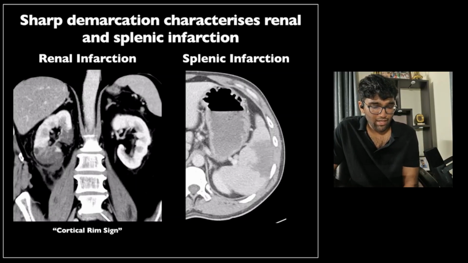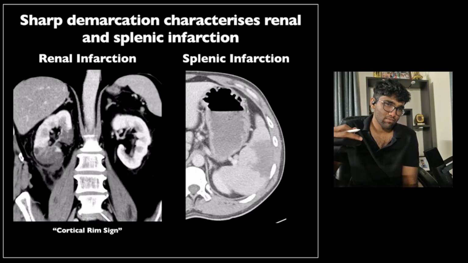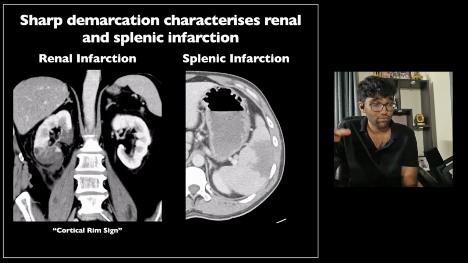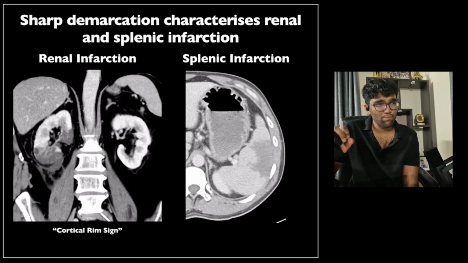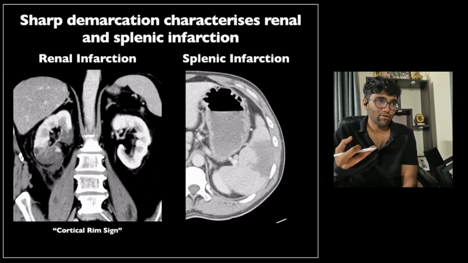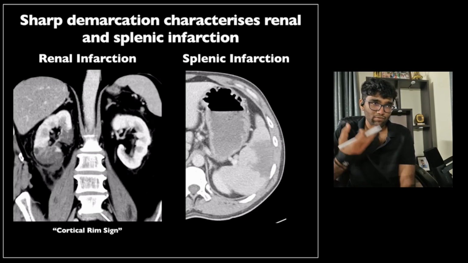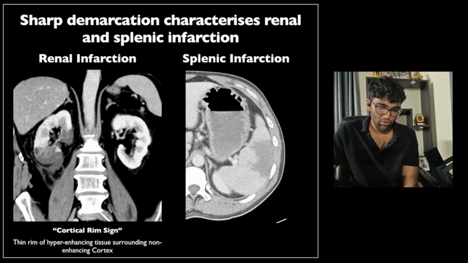There's another thing in the case of the kidney: one of the arterial branches of the renal artery to the posterior aspect of the kidney is often given off very proximally to the origin of the renal artery. So renal artery obstruction distal to that results in sparing of some of the blood flow to the periphery of the kidney. So you end up getting what is called the cortical rim sign.